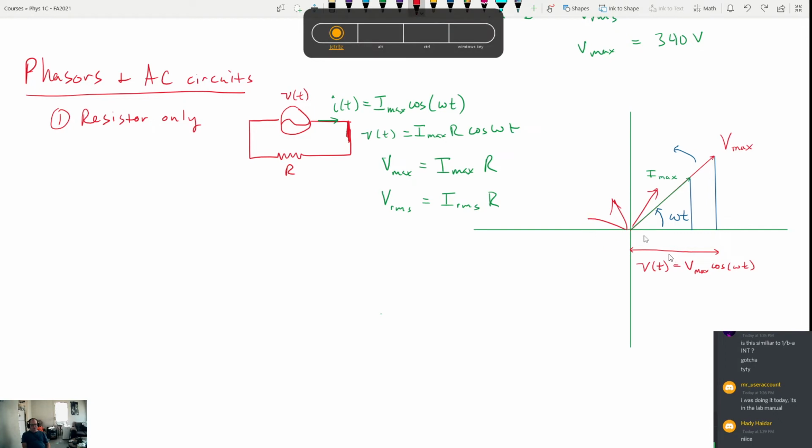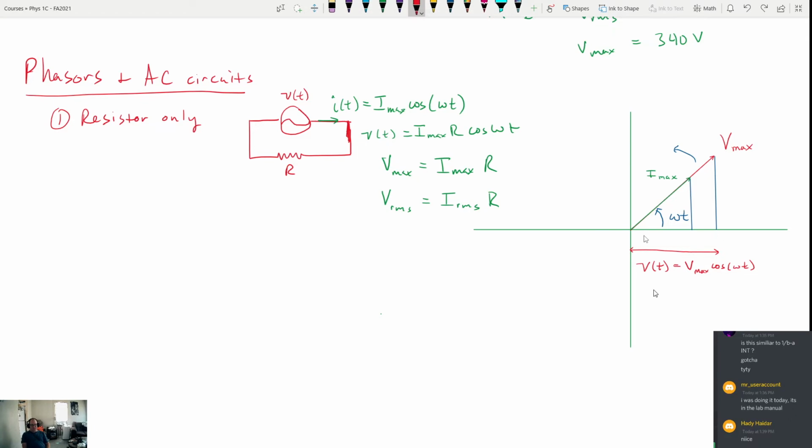So I drew a bunch of lines on there. The idea is that the projection onto the x-axis gives the instantaneous voltage.